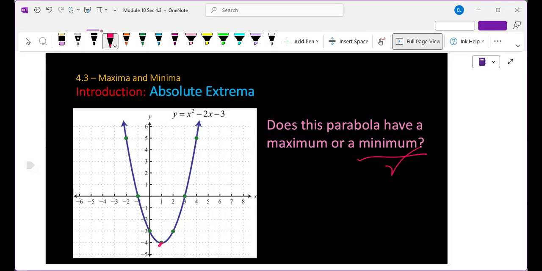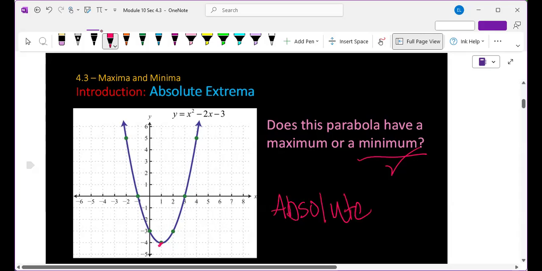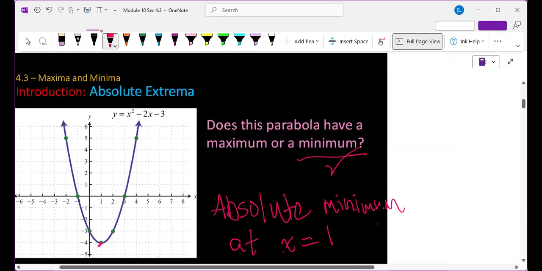So we would say this has an absolute minimum at x equals 1. Let me put it here. An absolute minimum of -4 at x equals 1.